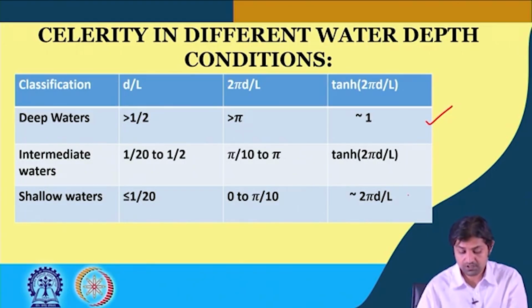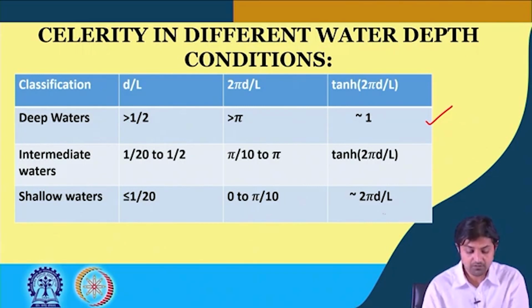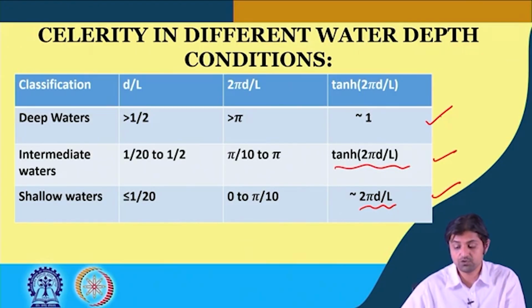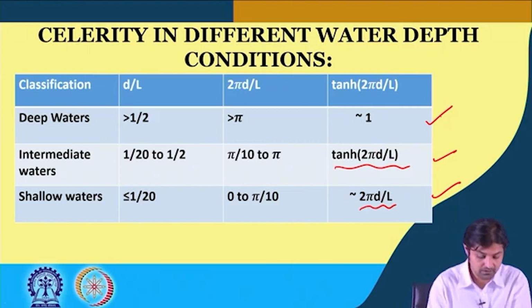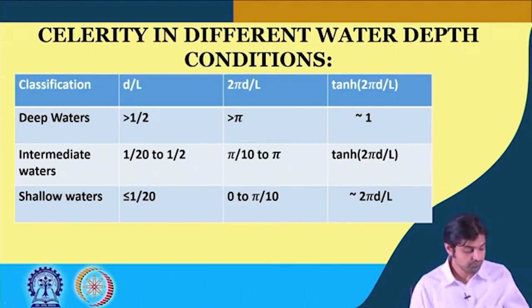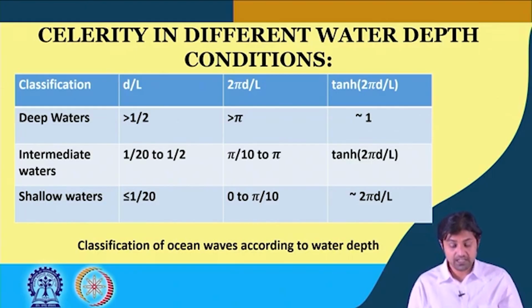For shallow waters, if 2 pi d by L is 0 to pi by 10, we can approximate tanh as 2 pi d by L. So, tanh will go away, whereas in case of intermediate waters it will remain the same, tanh 2 pi d by L. So, these are the three values of tanh 2 pi d by L that we get. And this is the classification of ocean waves according to the water depth: deep water, intermediate water and shallow waters.